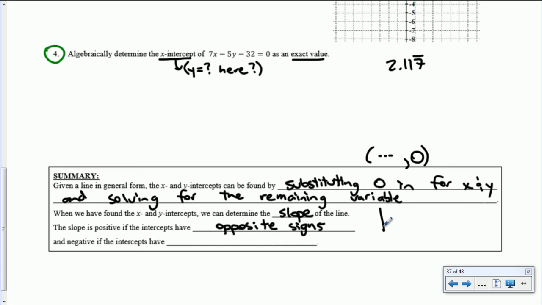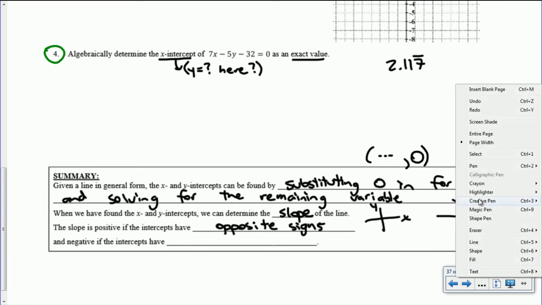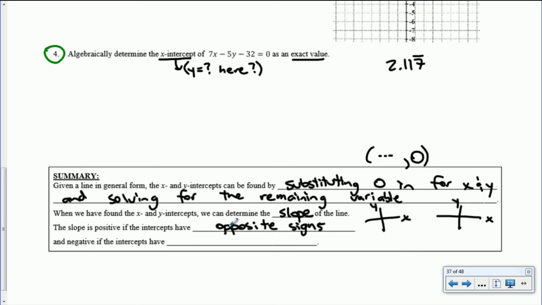So I'll show you what that looks like. So we have x, y, x, y. So maybe I'll do just kind of opposite signs. So for example, if the x-intercept was negative, the y-intercept is positive.